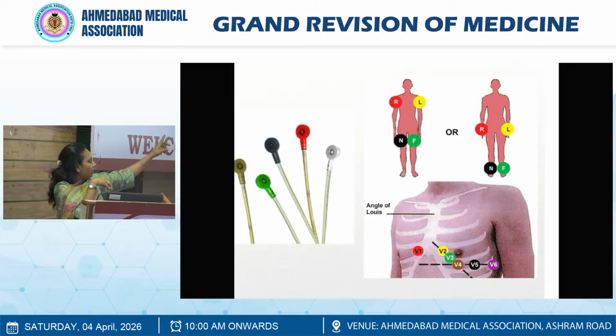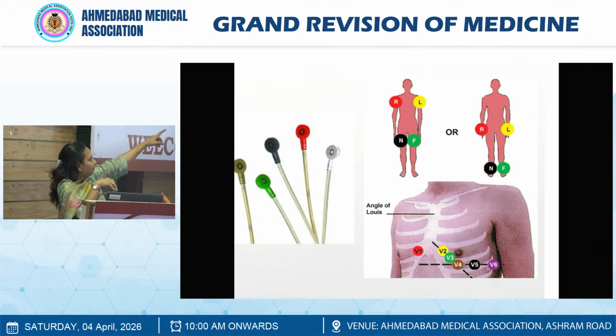V2 is in the 4th intercostal space to the left sternal border. V3 is in between V2 and V4, and V4 is in the 5th intercostal space in the mid-clavicular line. Okay, so V3 is placed in between V2 and V4. V5 is in the anterior axillary line, and V6 is in the mid-axillary line.